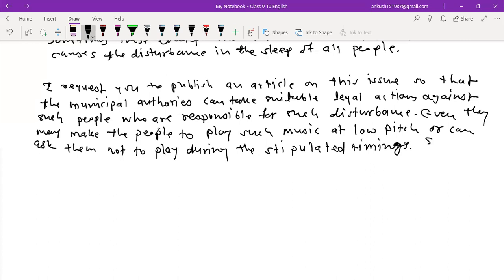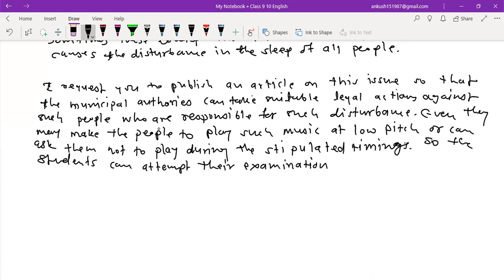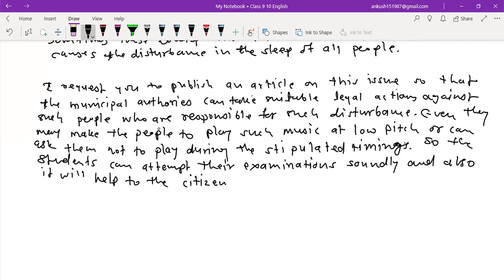So sir, the students can attempt their examinations soundly, and also it will help the citizens to sleep well in night.